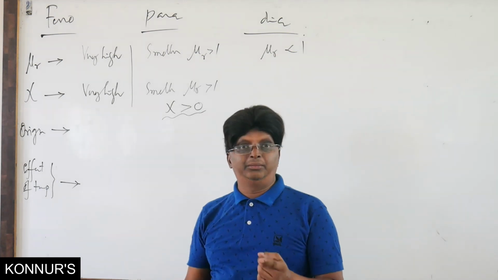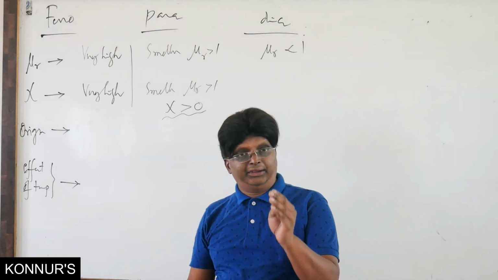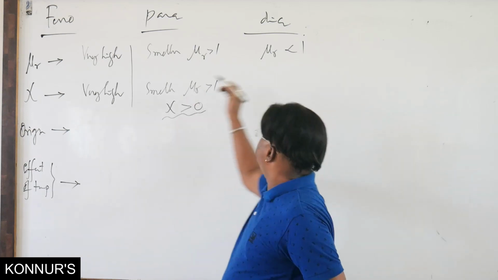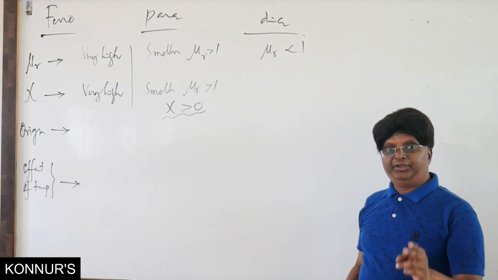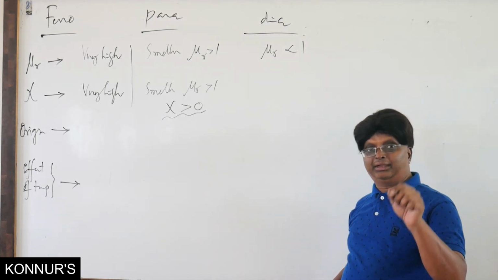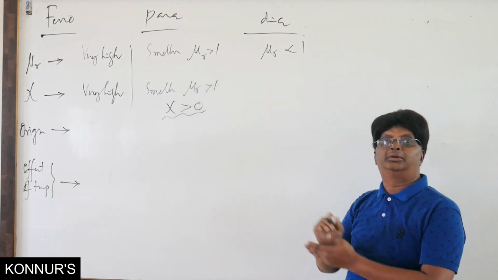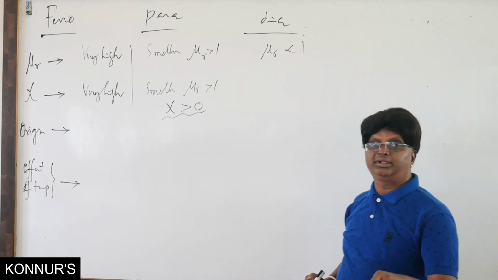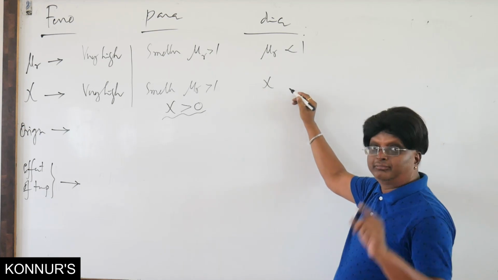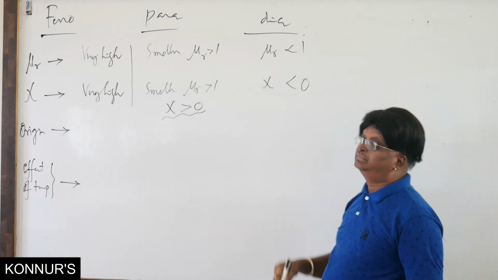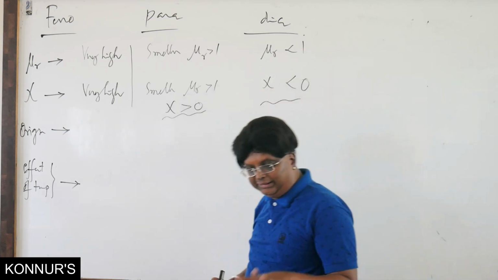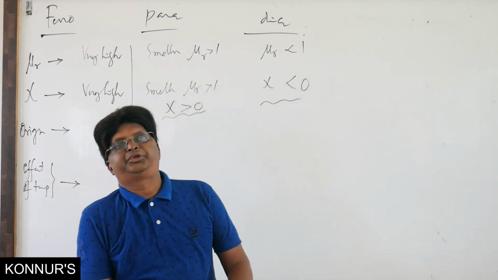Mu r value very high means yes, it allows the magnetic lines and it shows greater tendency, whereas mu r less than 1 means it is not showing any tendency of allowing the magnetic flux through it, and that is why mu r is less than 1. Since mu r is less than 1, chi values are very small and negative. The characteristic of diamagnetic material is negative susceptibility values.